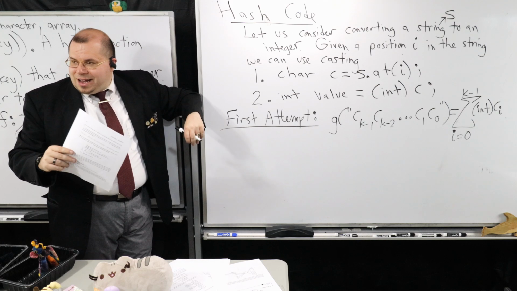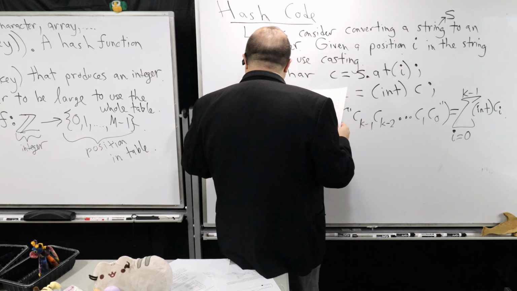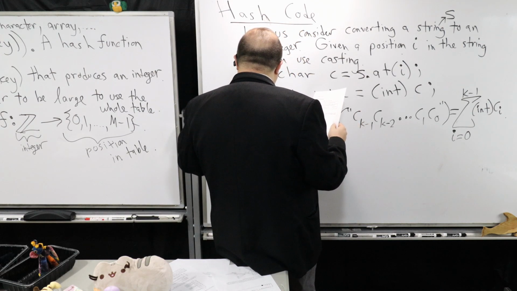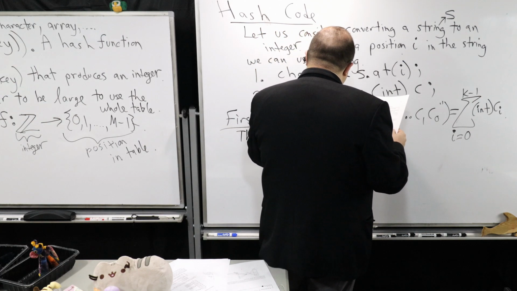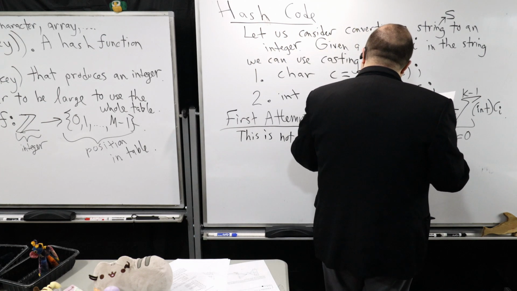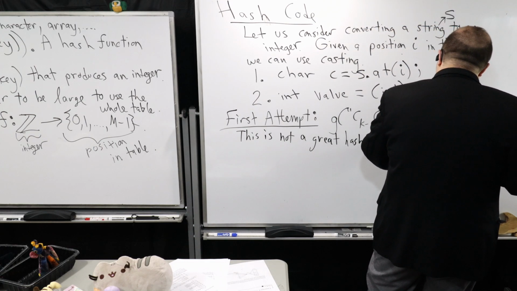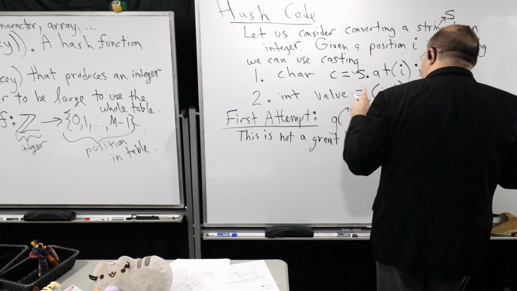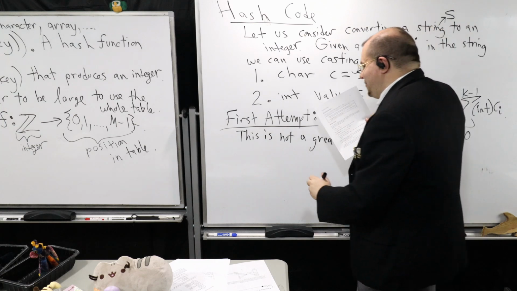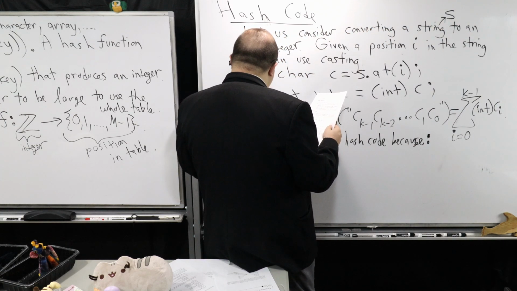While you're thinking about it, I'm going to give you one reason why this might not be the best choice for a hash code. This is not a great hash code, and there are a couple of reasons. The first one I'm thinking of is that it doesn't really produce large integers.